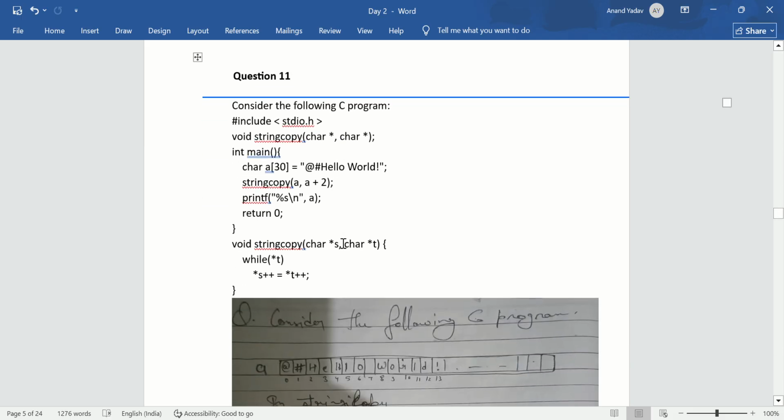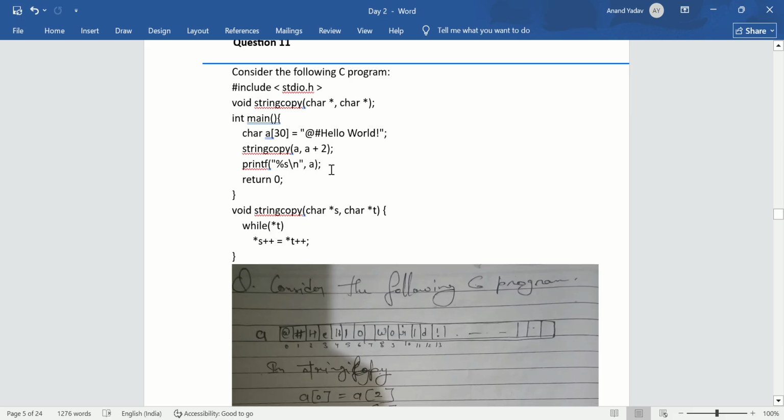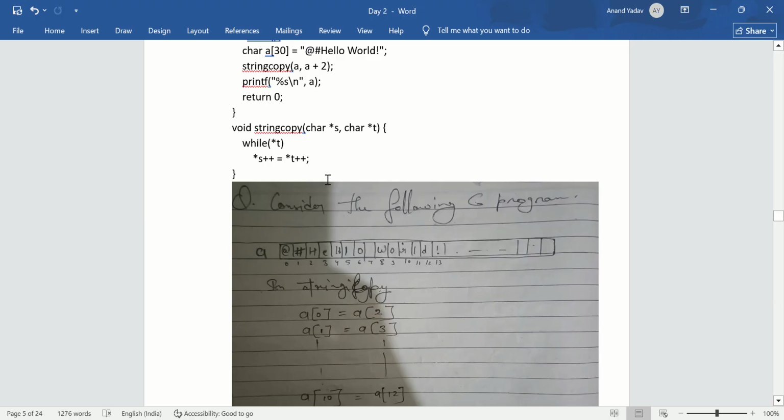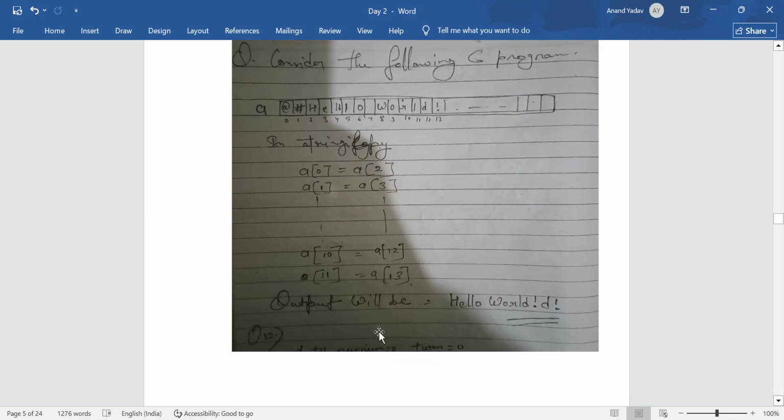Now next question is, consider the following C code. These are the string character arrays, and it will perform this function operation. Then after that print the a. Now after performing this operation, it will be calculated hello world.